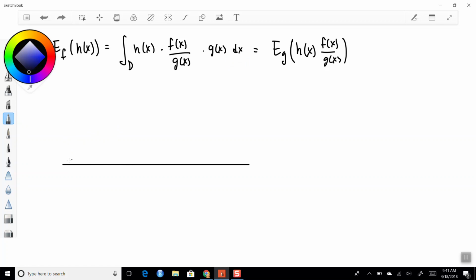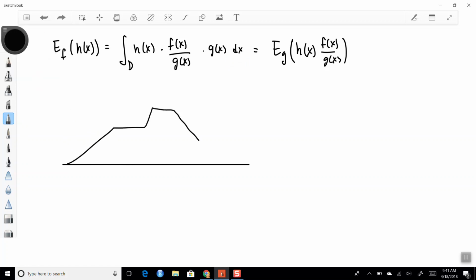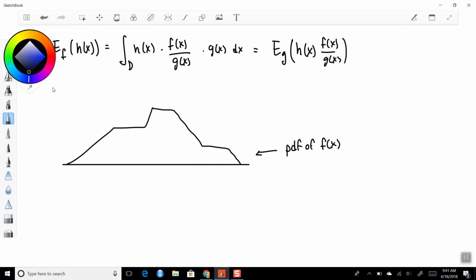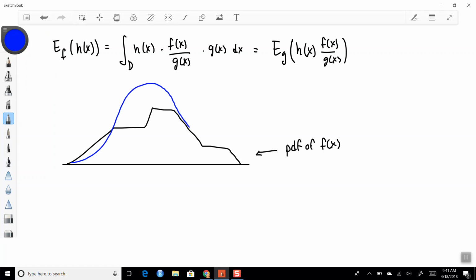Okay, so maybe this is the PDF of f of x. Instead, and this up here is going to be the PDF of g of x.